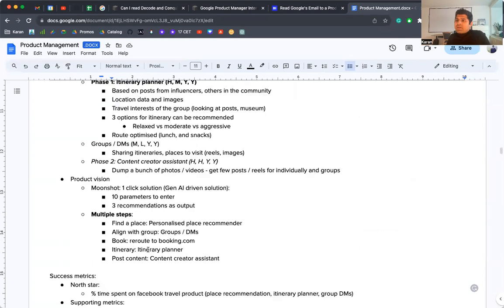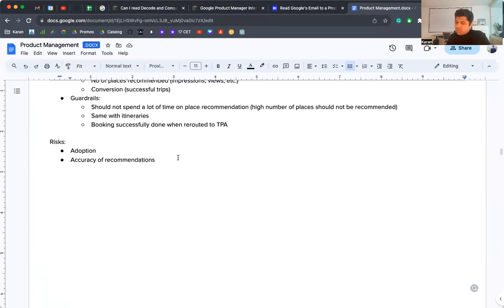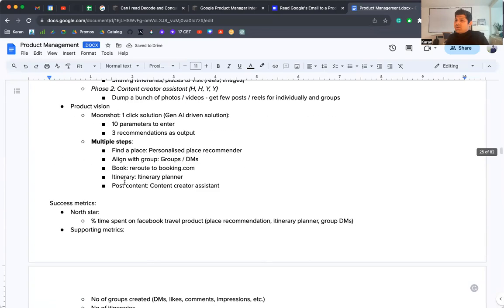So rerouting is a good way to monetize, but we need to consider whether it is breaking the flow. So let's think about that as well when we are designing the product.